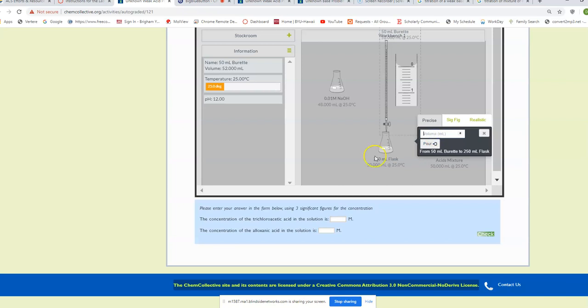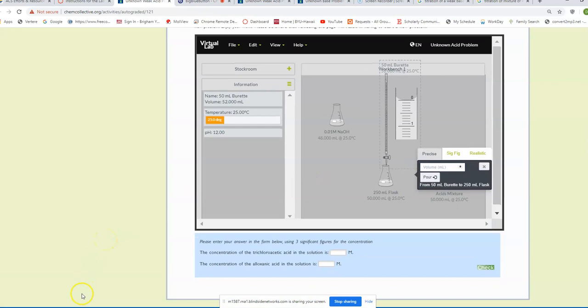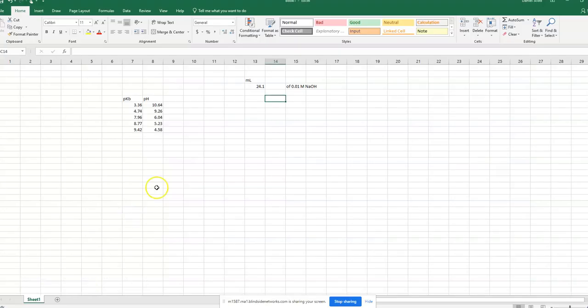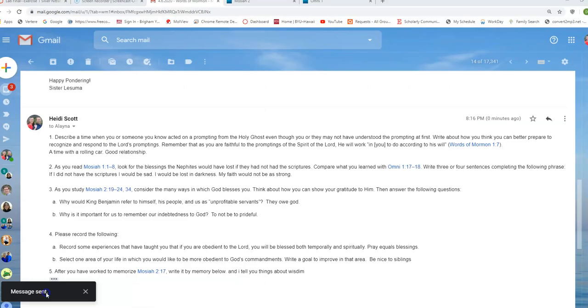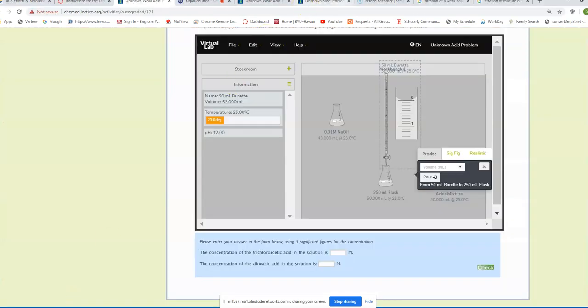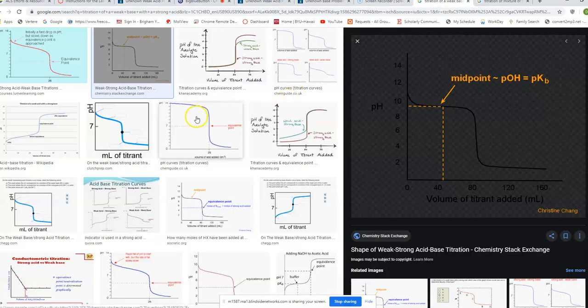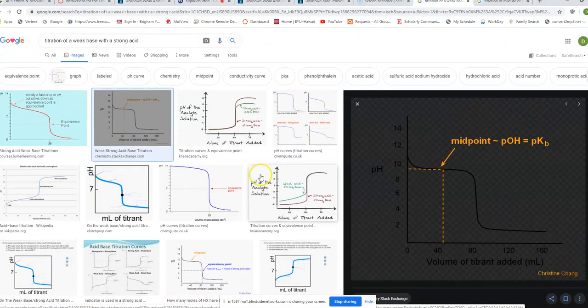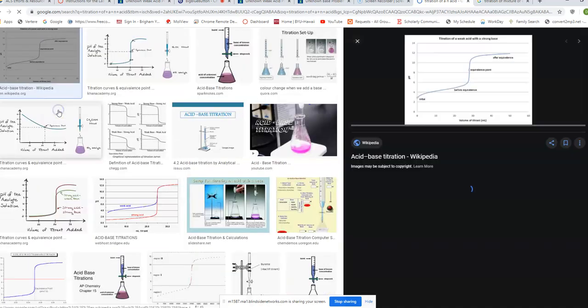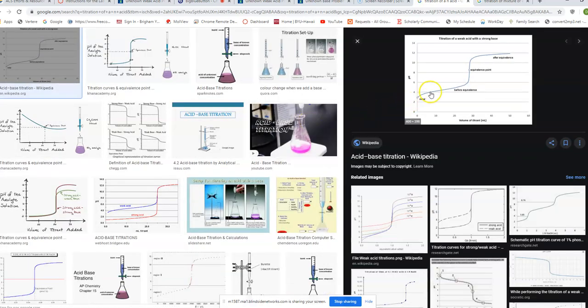So what I'm going to do is show you guys how to monitor how fast the pH is changing. Because when you look at a titration curve, for anything, right? In the case here where we have a titration of an acid, if you follow the derivative of the curve, which is the rate at which it's changing, at the equivalence point, it's changing the fastest.